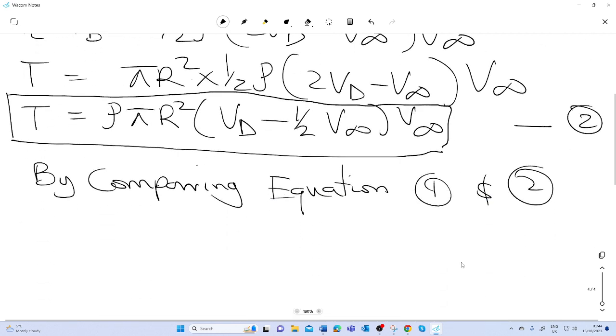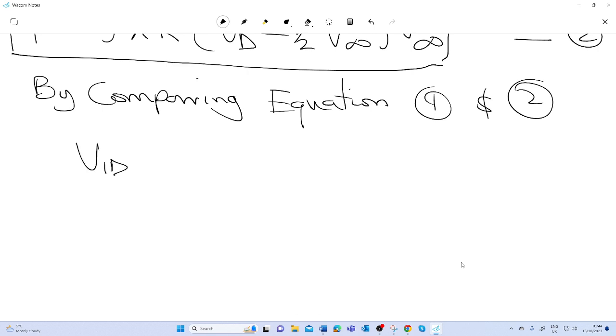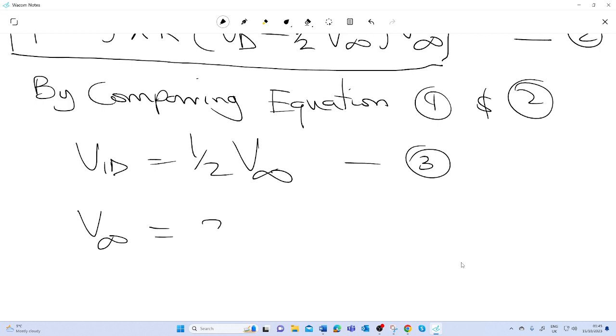Then the only remaining balanced entity equals V induced equals half V infinity. And this is equation 3, and V infinity equals 2 Vid. This equals equation 4.